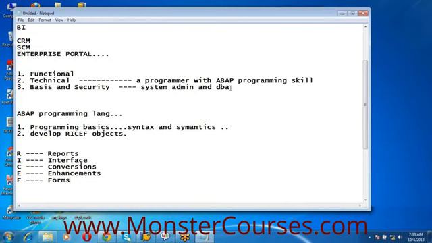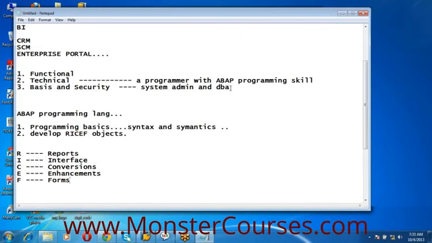So these are the basic five areas where your knowledge and skill of ABAP will be put to use within the SAP framework. Now one key thing we have to understand is that irrespective of the type of SAP system it is, whether you're working on ECC, BI, CRM, SCM or anything, the programming language used to develop these systems remains ABAP.